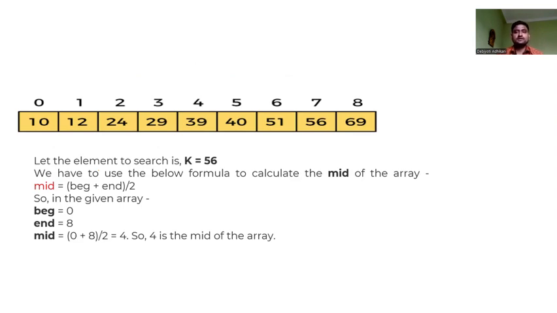Now this is the working principle. Here is a given array, you can see the index number 0 to 8. The values are 10, 12, 24, 29, 39, 40, 51, 56, and 69.